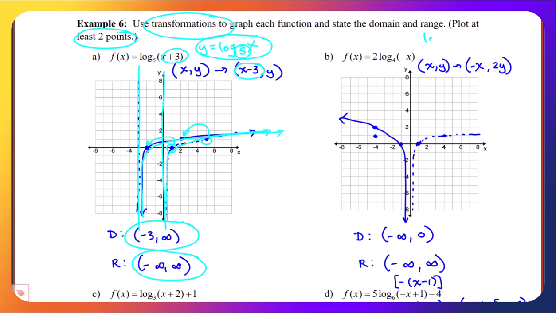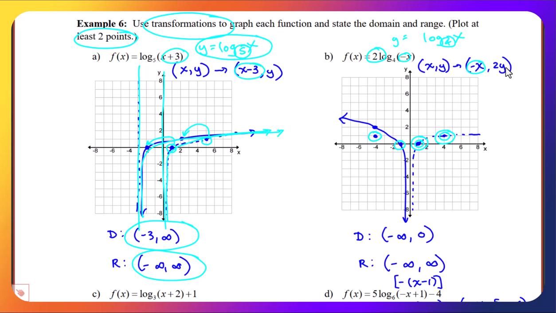Here, the basic function is y equals log base 4 of x. Again, we have the point (1, 0), and because the base is 4, we have the point (4, 1). The negative flips the x values, so this x value of 1 becomes -1, this x value of 4 becomes -4.